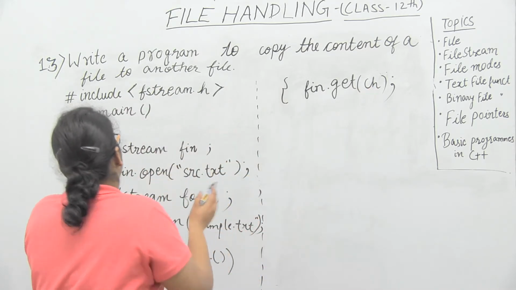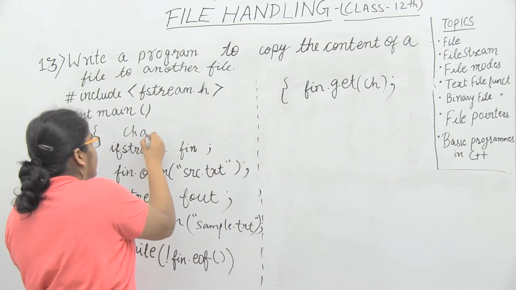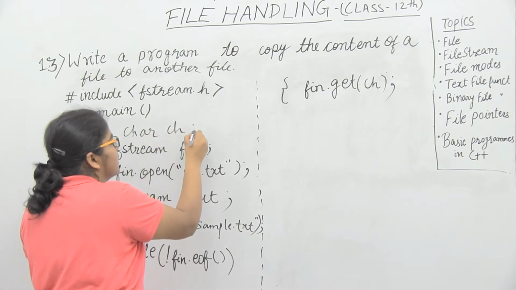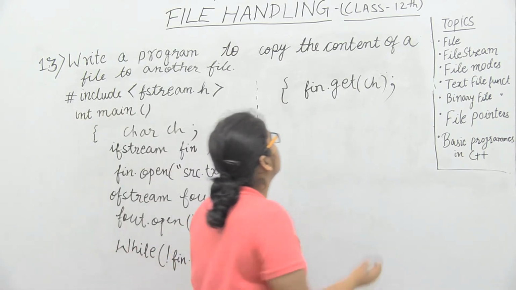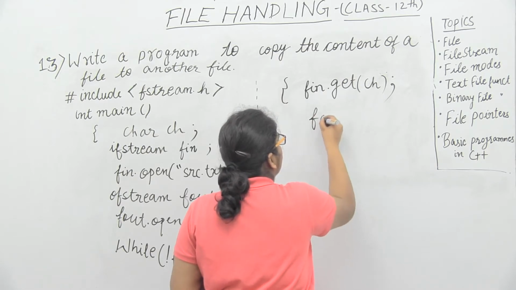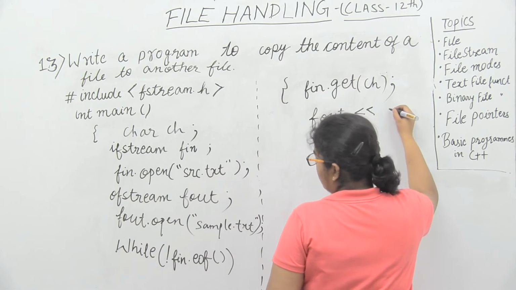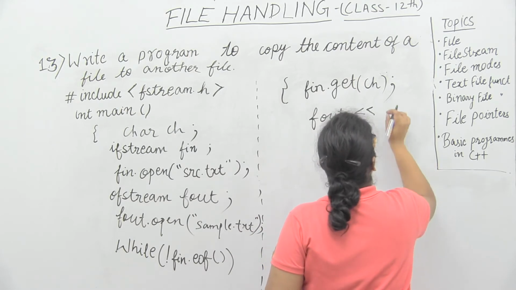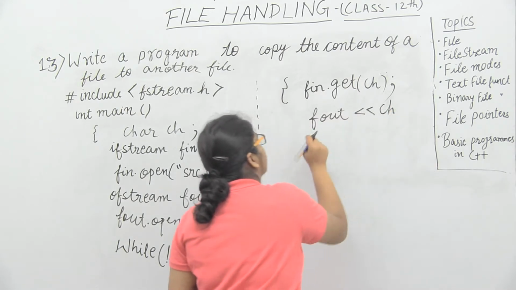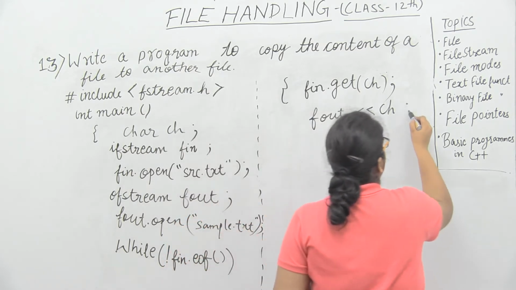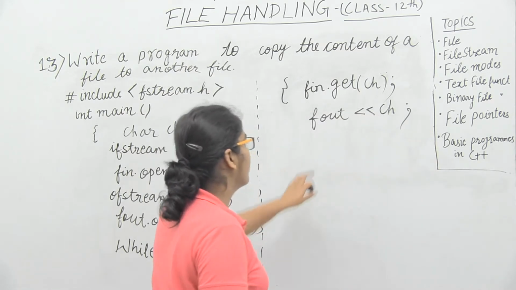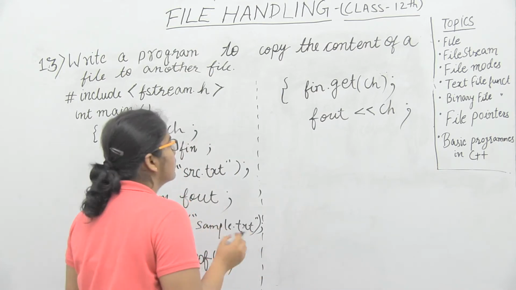Sorry, we forgot to declare that variable, so let's declare it over here, char ch. Okay, then fout << ch, and it will write that character in the file sample.txt pointed to by variable fout.